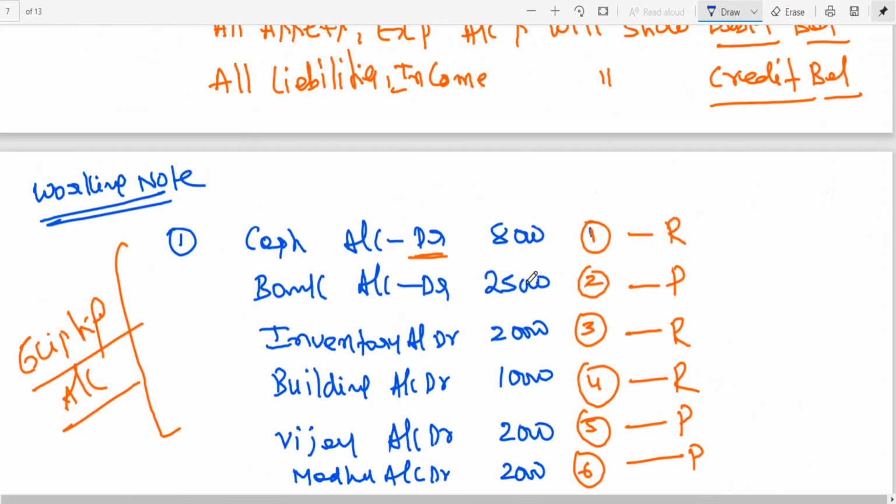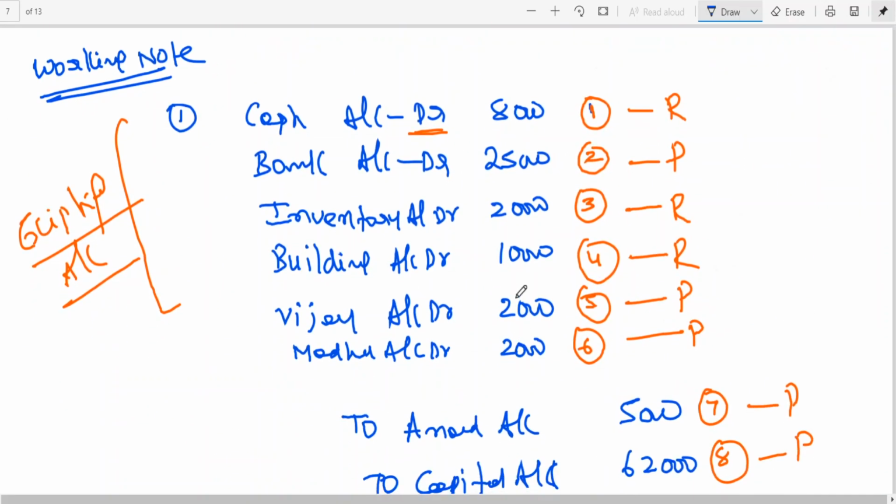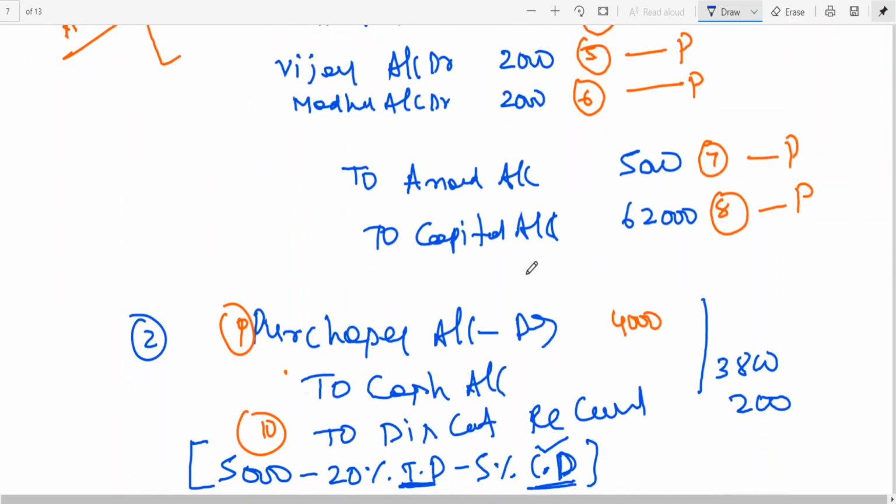So you can see cash 8, 25, inventory 20, building 10, Vijay 2, Madhu 2,000.